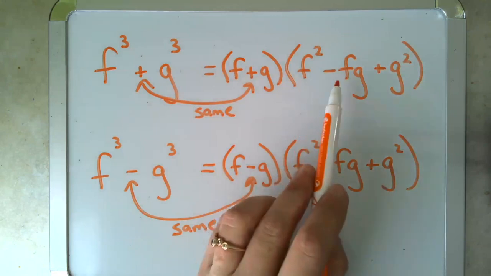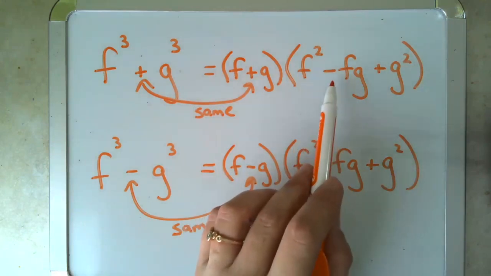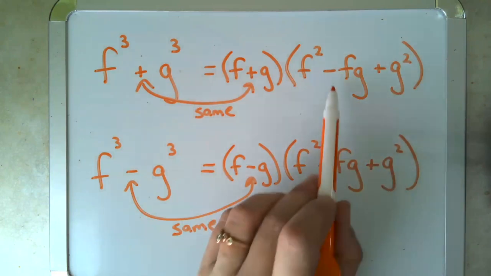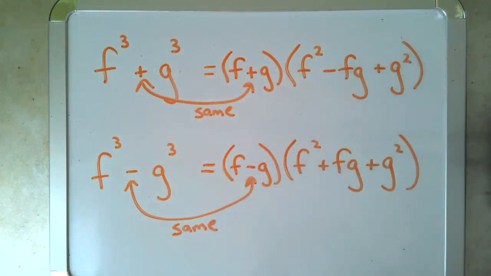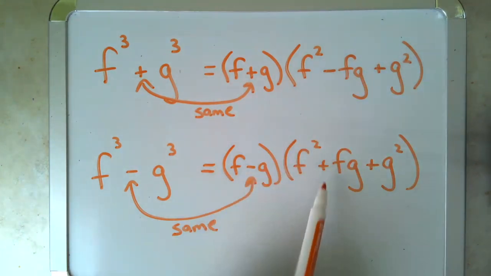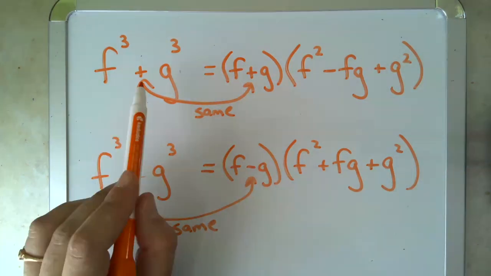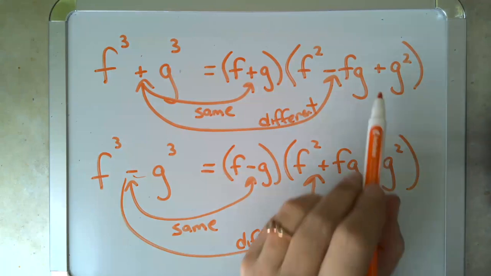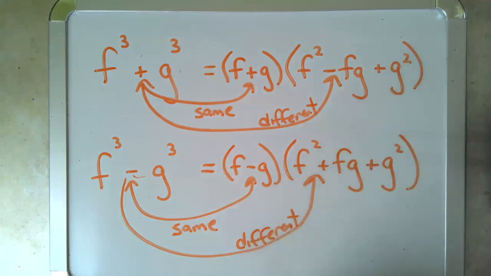Which is f squared plus or minus 2f times g plus g squared, only it removes the 2. And then the next thing I would like you to notice is that the initial sign here is different than your initial sign there, but that this last sign is always positive.